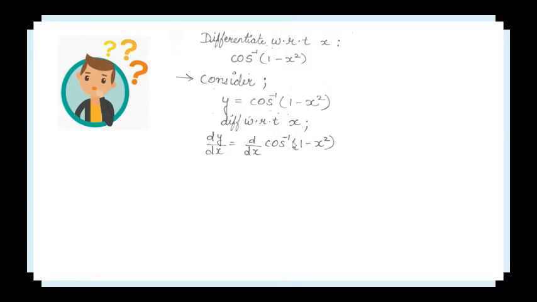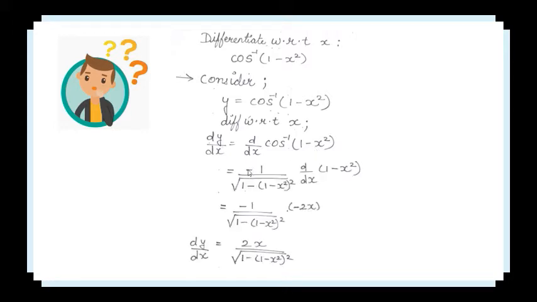So over here I will be applying the formula of cos inverse of f of x. What was that? That is minus 1 upon root of 1 minus x square whole square and the derivative of 1 minus x square. Okay, so again we have taken the derivative of 1 minus x square.